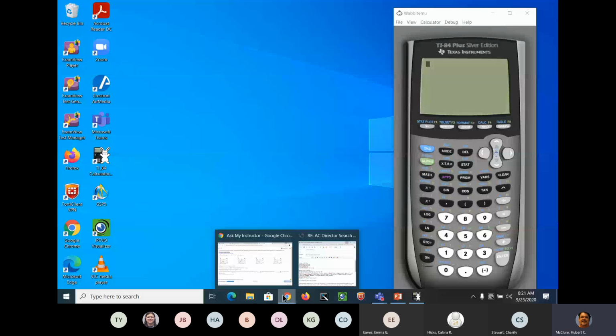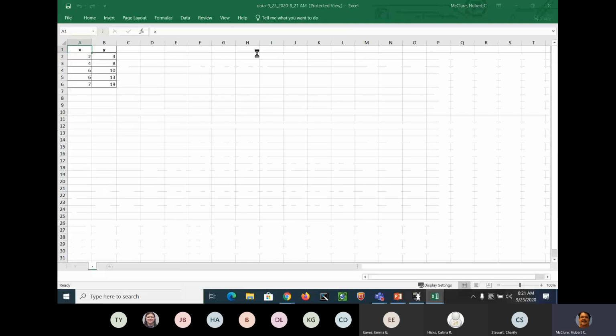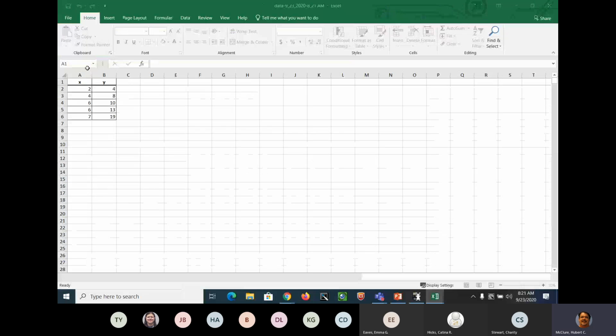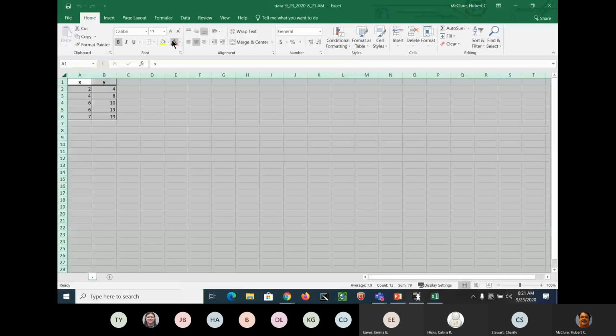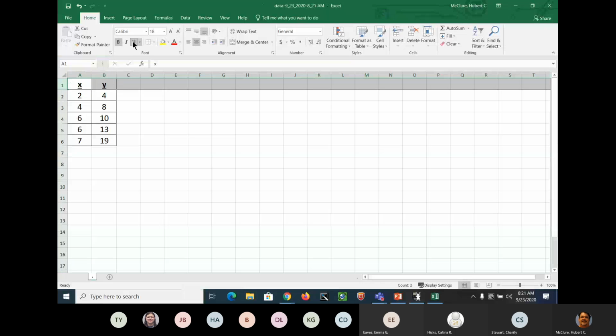Okay, so there is our data points, and I'm going to make them bigger for you. There you go. And here is our handy dandy calculator.